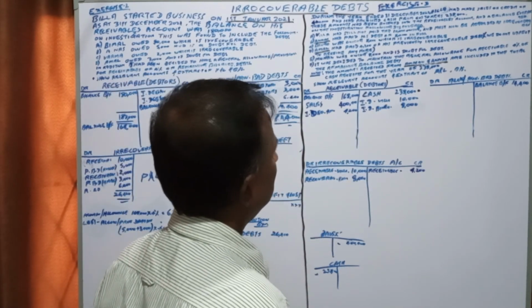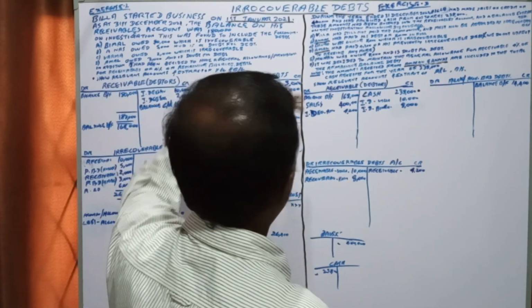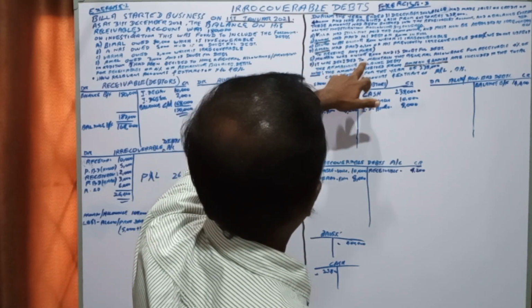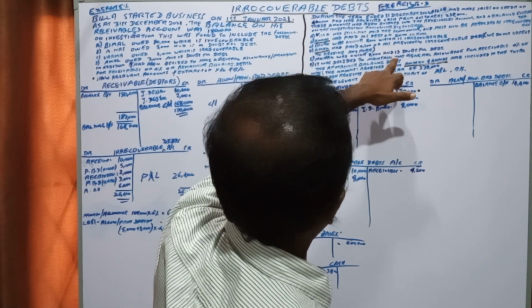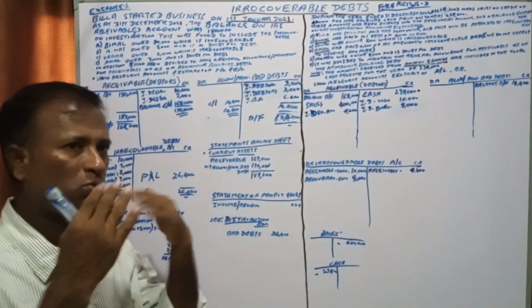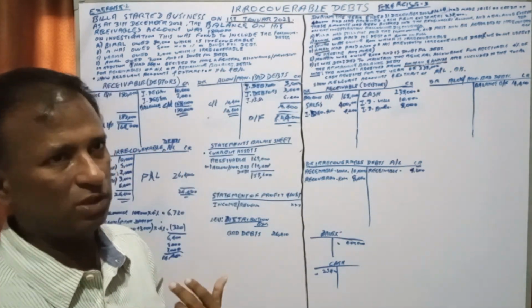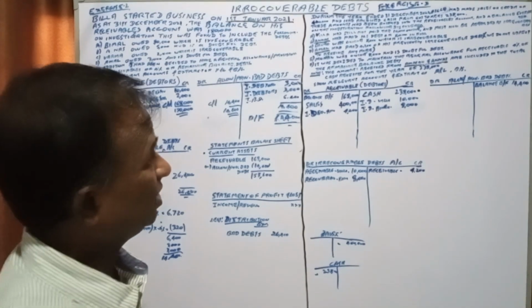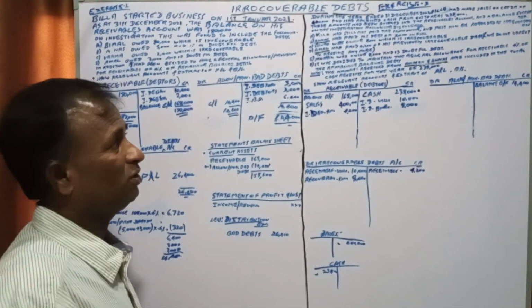That is the amount. Next, E. Mohan was owing 8,000 and is a doubtful debt. Mohan is to give back 8,000 rupees.